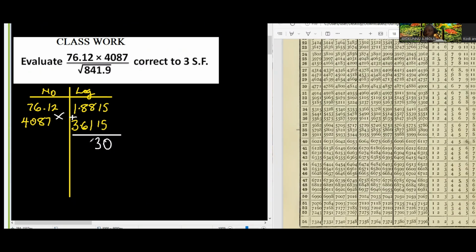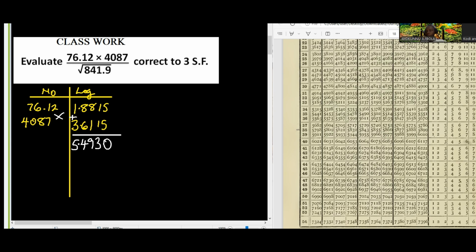Then 8 plus 1, 9, and 8 plus 6 is 14. I keep 1. 1 plus 1 is 2. 2 plus 3 is 5. Okay? Okay, sir. So we have 5.4930.